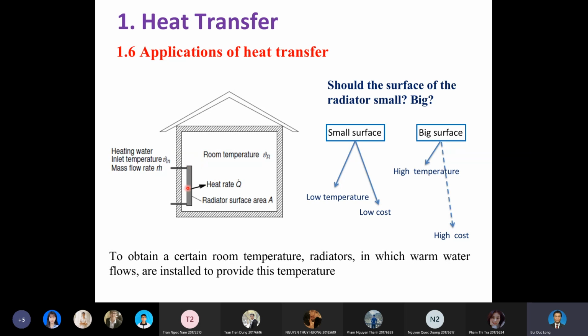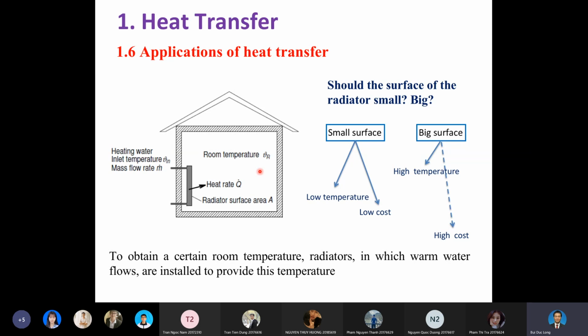With this radiator, hot water flows in at the inlet, and cooler water goes out at the outlet. The hot water flowing in the radiator will make the room warmer.